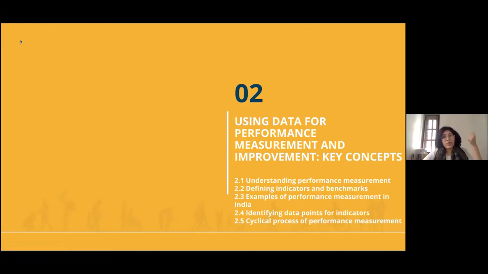In this chapter, we are going to understand the very basic principles of performance measurement, distinguishing between what is data versus what are indicators and benchmarks, look at some of the past examples of performance measurement in India, and then do some hands-on discussion on how we identify data points for indicators, etc.